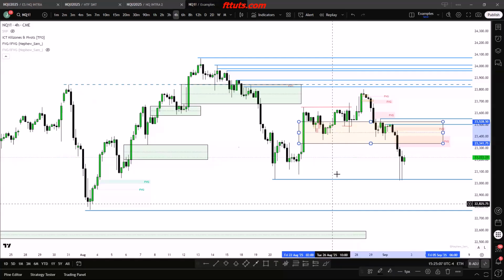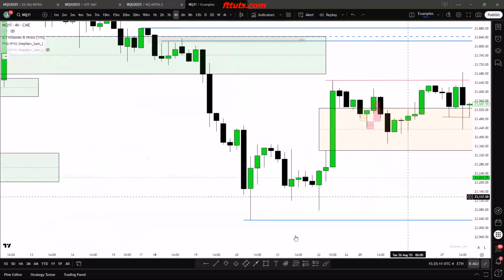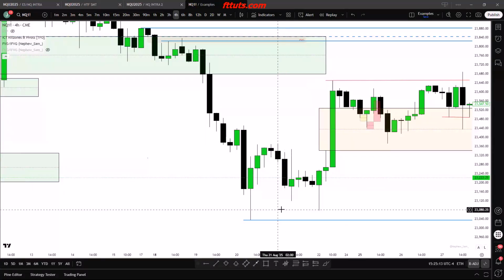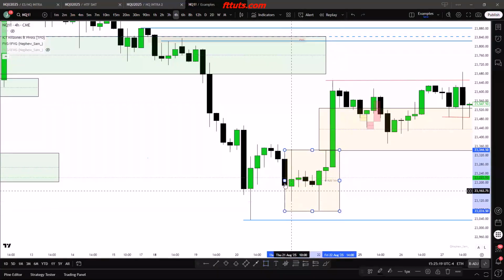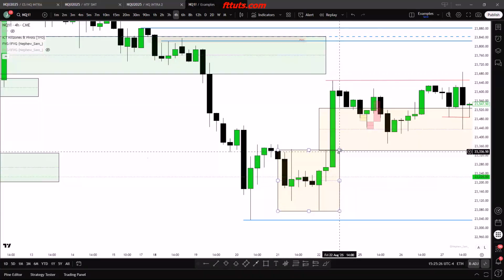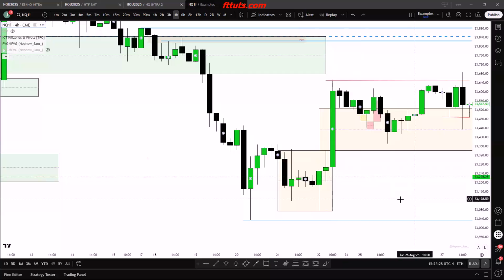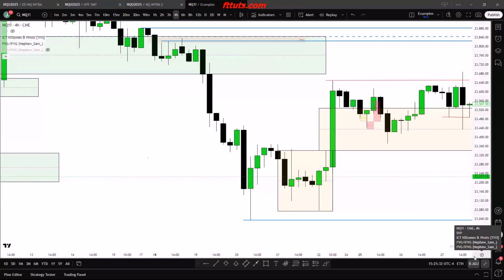Here's a perfect example. Look at this price action right here. These candles right here: 1, 2, 3, 4, 5, 6, 7. 7 candles, right? Price is in a box. But we can see something that most people can't.